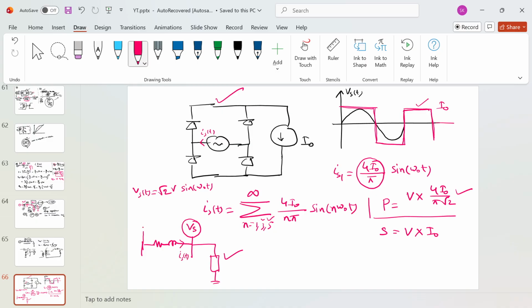So the voltage that you will get here, Vs dash, is simply Vs plus Z into Is of t. Obviously Z will vary depending on the input current frequency, but you can see the non-linear current is also affecting the terminal voltage, this voltage.